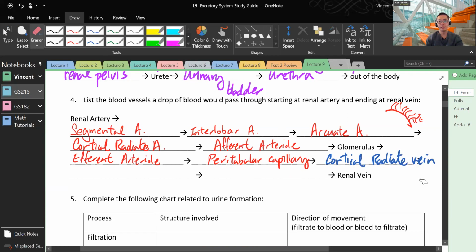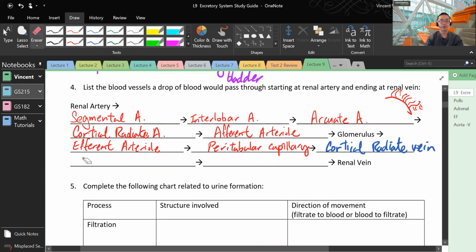This time it's CRV, like the car. And then from that, we just go backwards, right? The arcuate vein, interlobar vein. Okay, and we skip the segmental vein, and it just goes directly into the renal vein. And then from the renal vein it's going to go into the inferior vena cava. Okay, back to the heart after that. That's it.